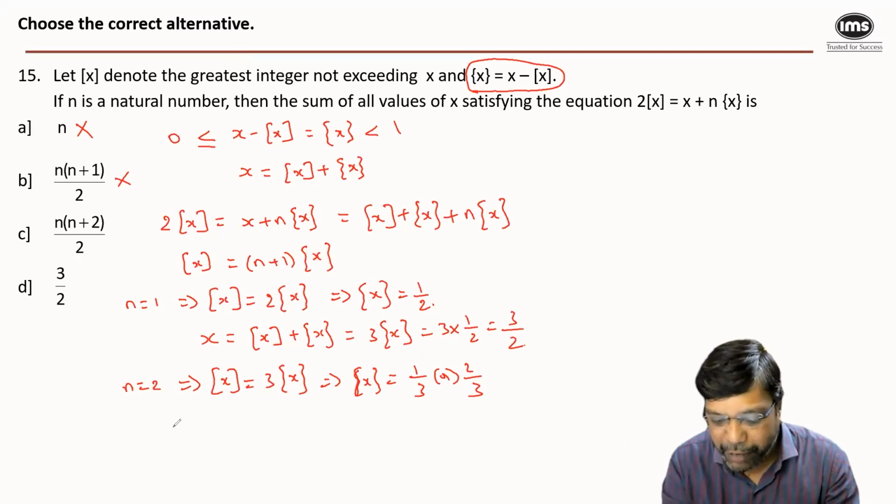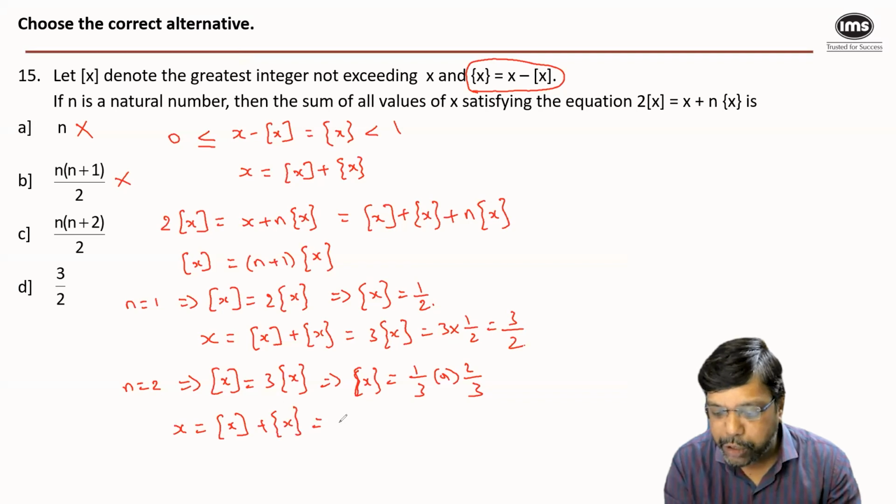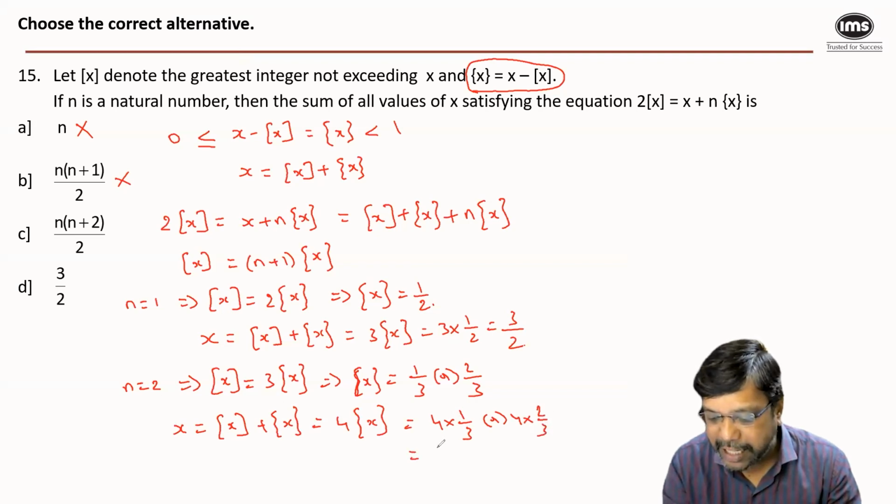Now, if I look at the possible values of x, x is equal to greater integer x plus fractional x, which will be 4 into fractional x, which is equal to 4 into 1 by 3 or 4 into 2 by 3, which is equal to 4 by 3 or 8 by 3.